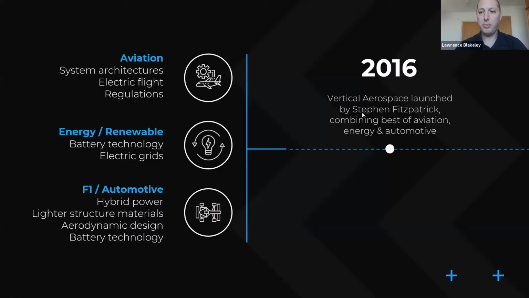The company was formed by a guy called Stephen Fitzpatrick. He's the founder of OVO Energy. I think they're now the second largest supplier of electricity in the UK, and he founded that 10 years ago.